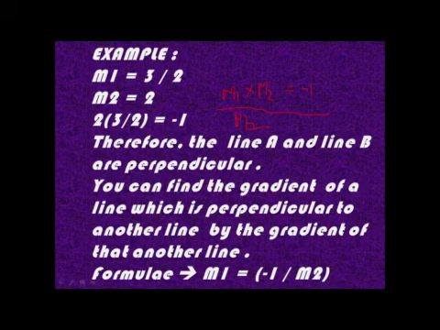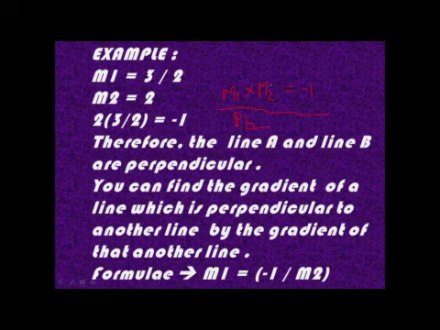So let's read this. Therefore line A and line B are perpendicular. You can find the gradient of a line which is perpendicular to another line by using the gradient of that other line. Suppose a question says that two lines are perpendicular to each other and you are given the gradient of one line, or you know the points and find the gradient.